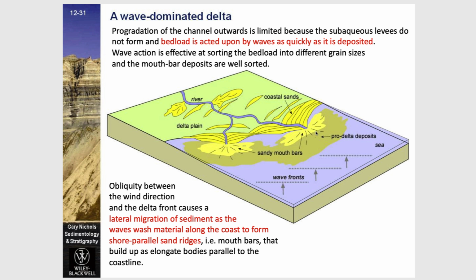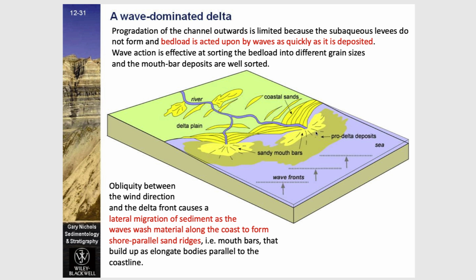So you get more elongated bodies, which are often called spits. So sand spits will develop on the sides of the delta, and often these will lead to the formation of internal lagoons, which we'll discuss later.